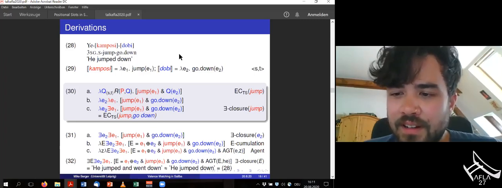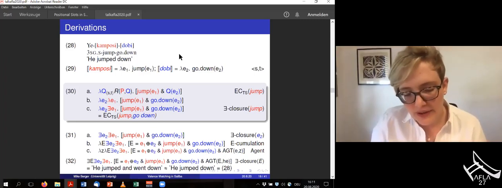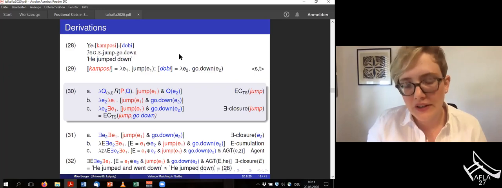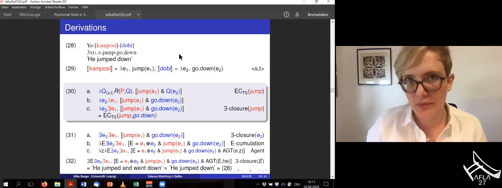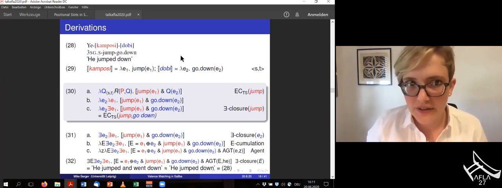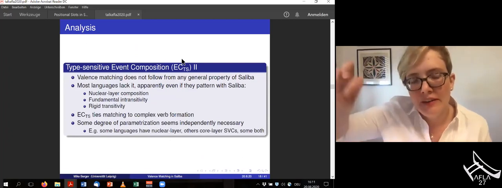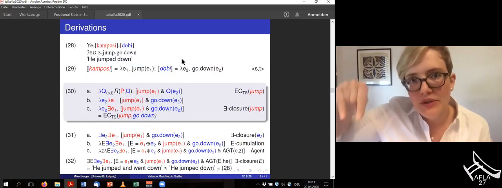My other question is a data question that's actually related, right? Because of course, the event accumulation, if I understood you correctly, you need that to get the temporal interpretation of these things. Because if you just do cumulation, that will always be interpreted at the same time.